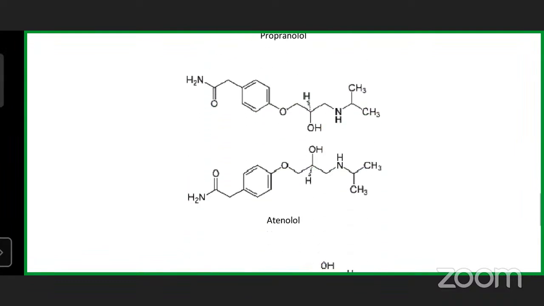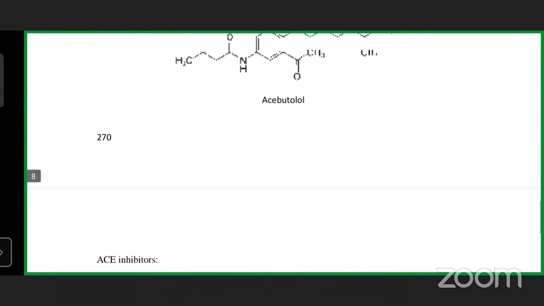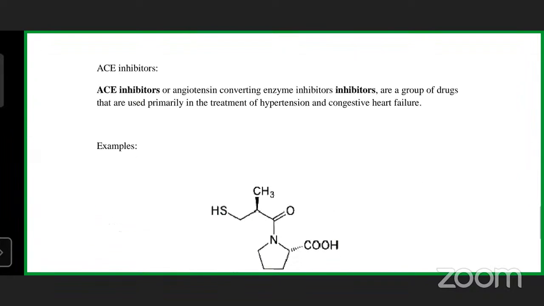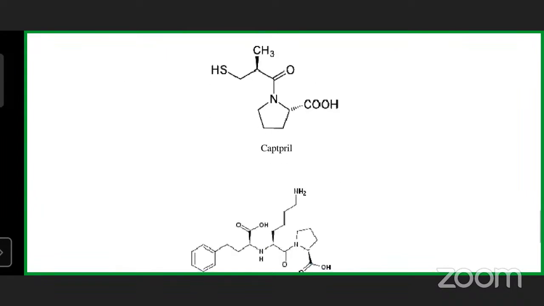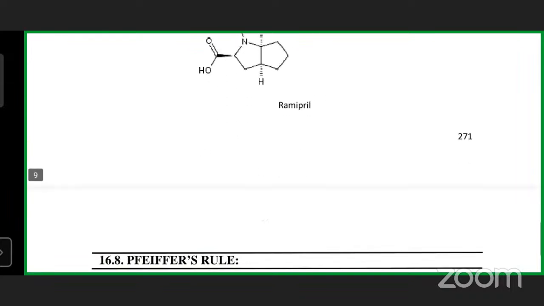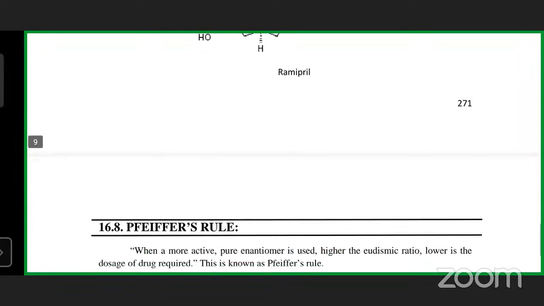Examples under the beta blockers are propranolol, atenolol and acebutolol. And the ACE inhibitors examples are captopril, lisinopril and ramipril.